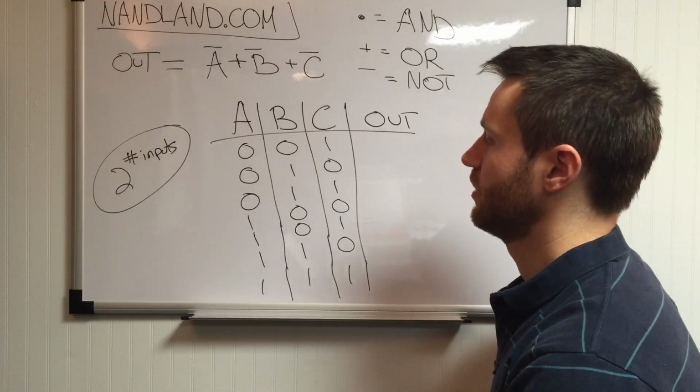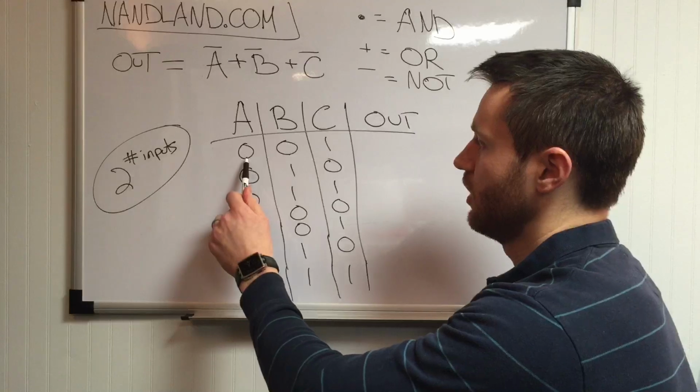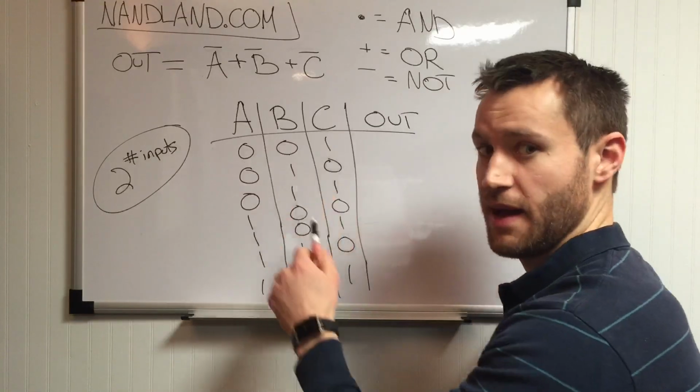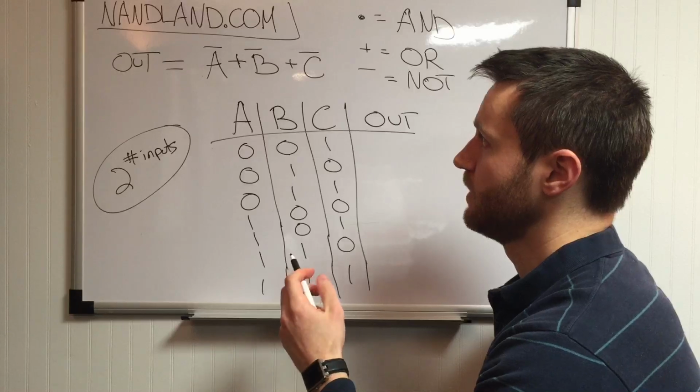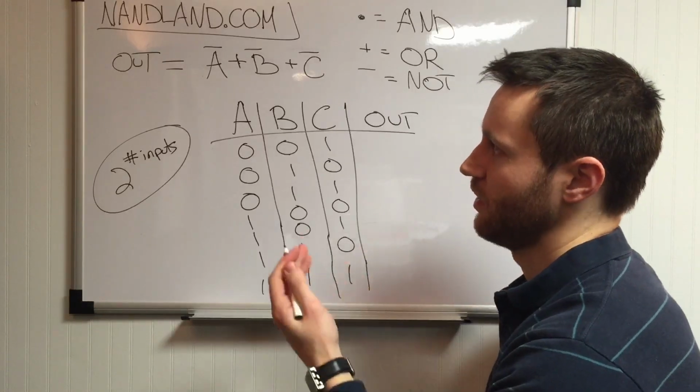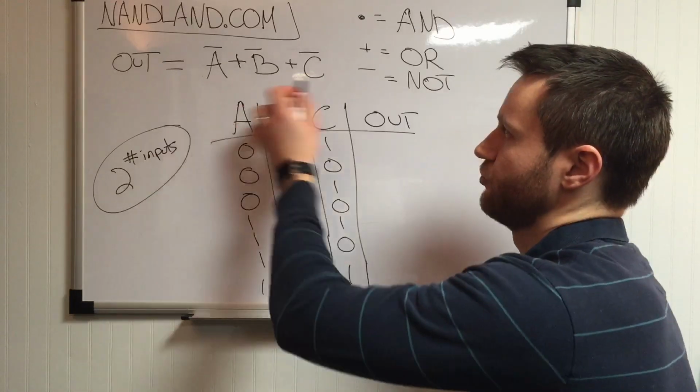This is going to be an equation where most of the time the output is actually going to be a 1. The only time where it's not a 1 is when this is not true.